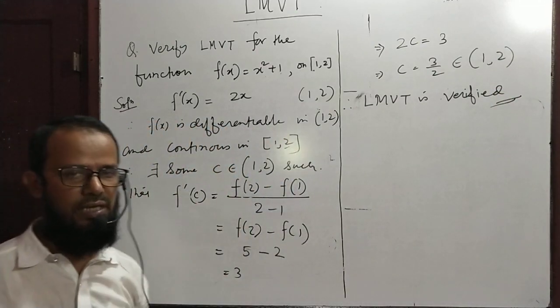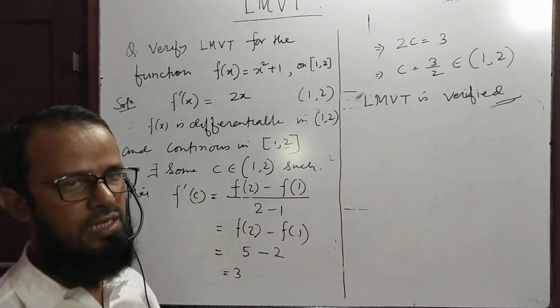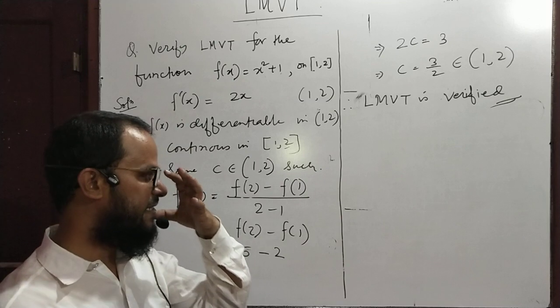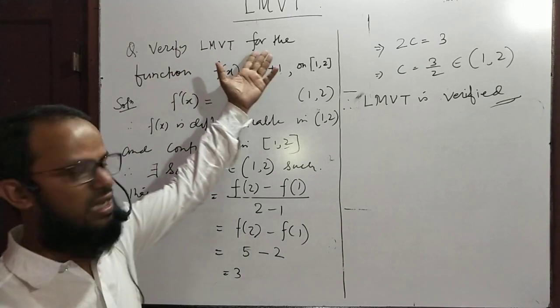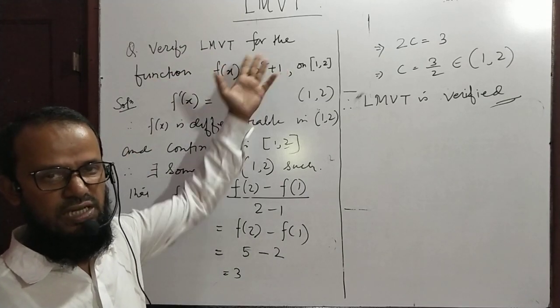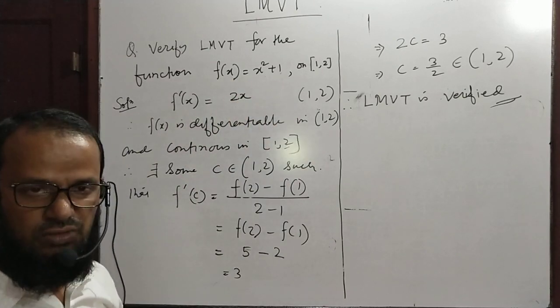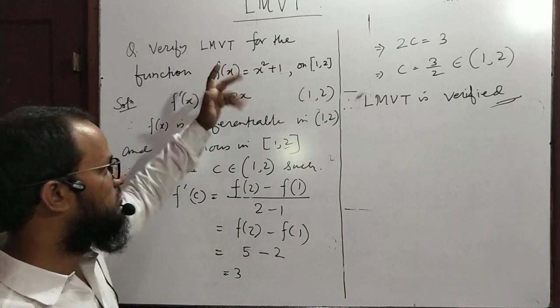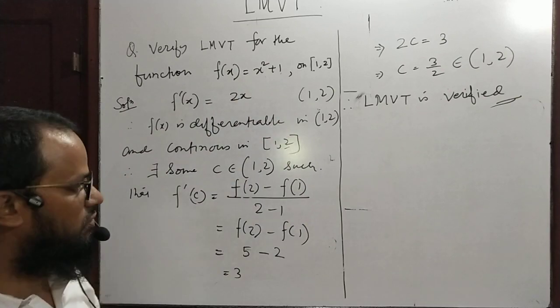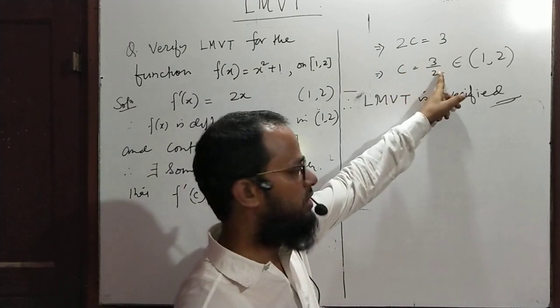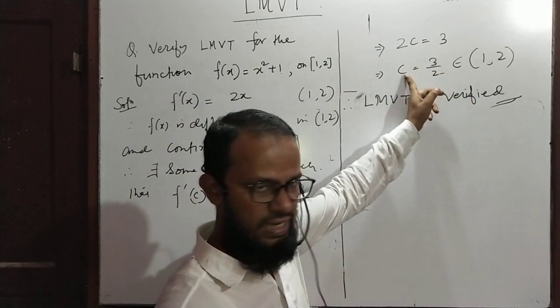So in this way you can apply. Sometimes the question will be asked in this manner: find the point on the curve where the tangent is parallel to the chord by using Lagrange's mean value theorem. So you have to do it like that, and finally when you get c equal to 3 by 2, it is the x coordinate.